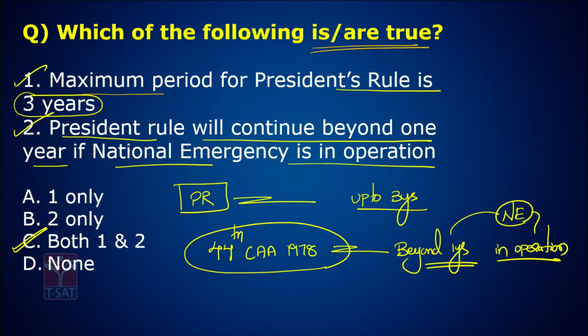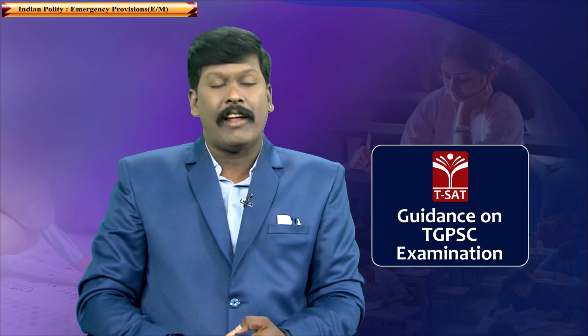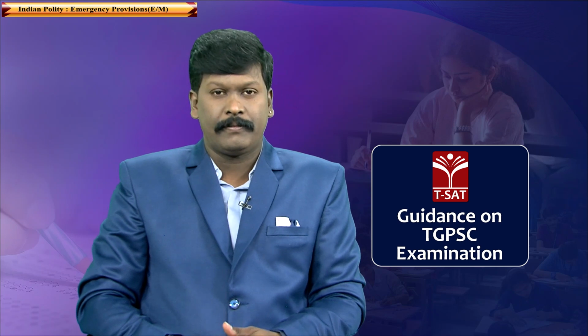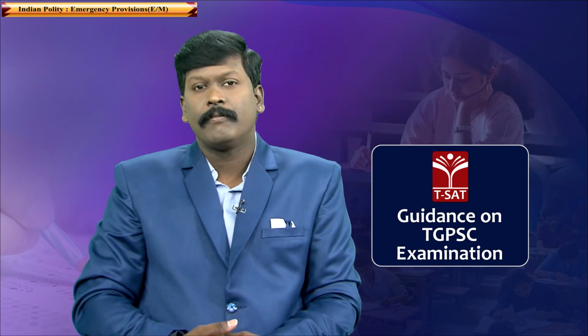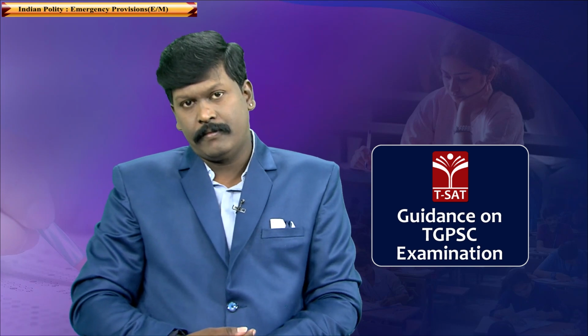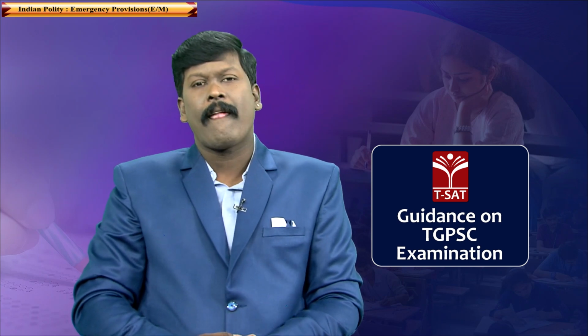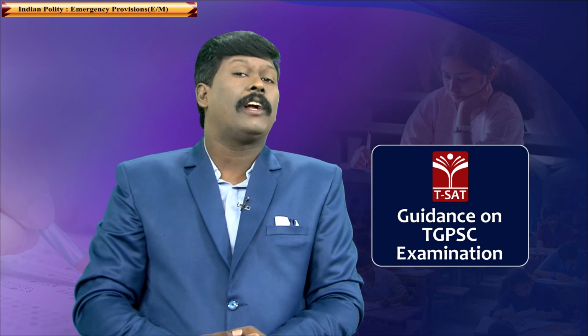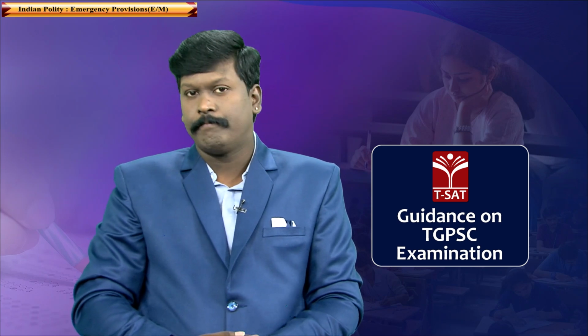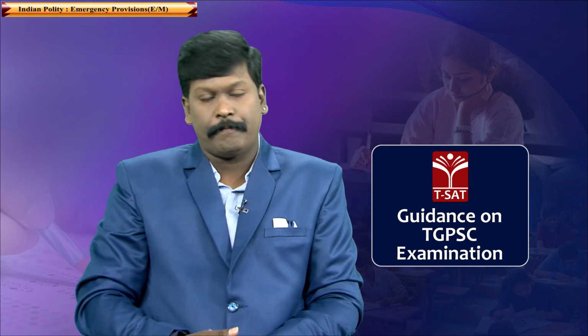According to the 44th Constitutional Amendment Act of 1978, only when the national emergency is in operation beyond 1 year, the state emergency can be continued more than 1 year, and maximum up to 3 years. If national emergency is not in operation, the state emergency cannot be continued beyond 1 year. This is the point you need to understand.